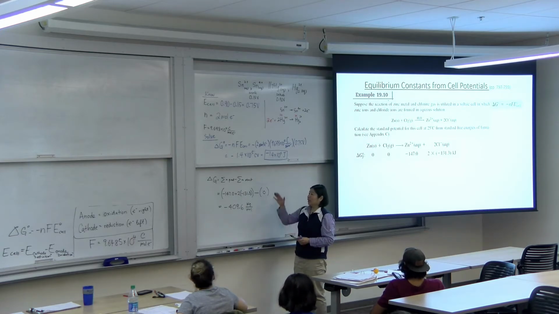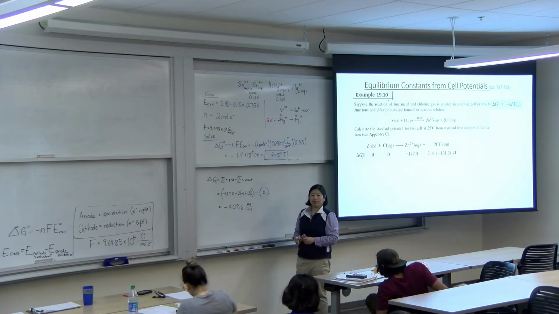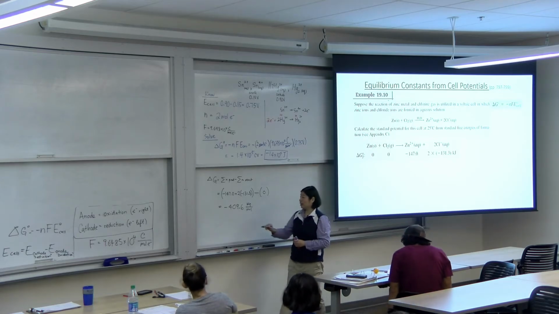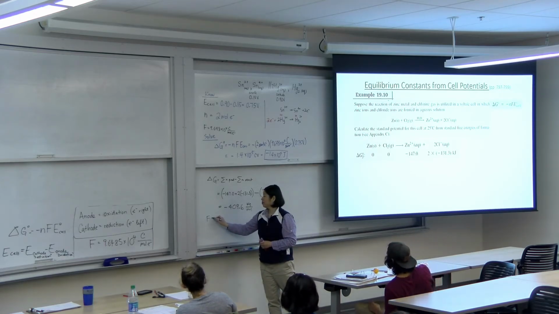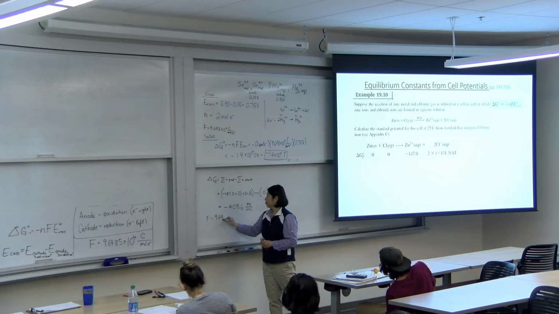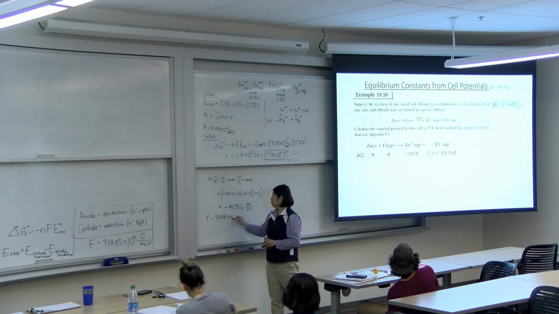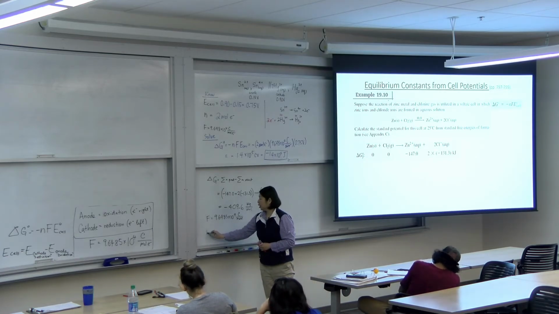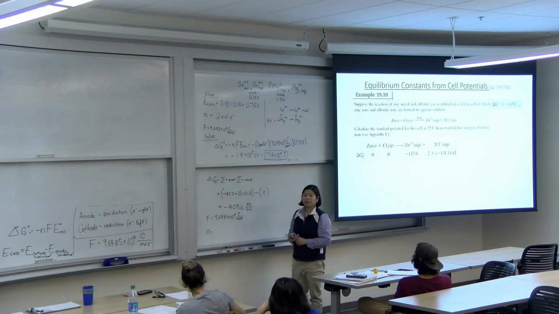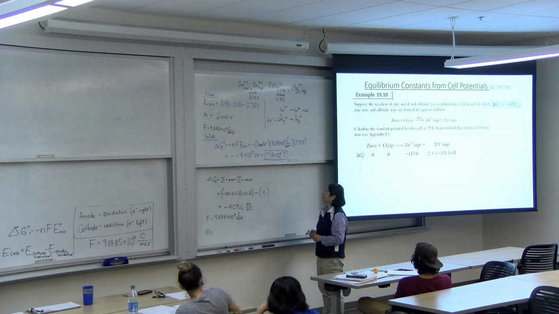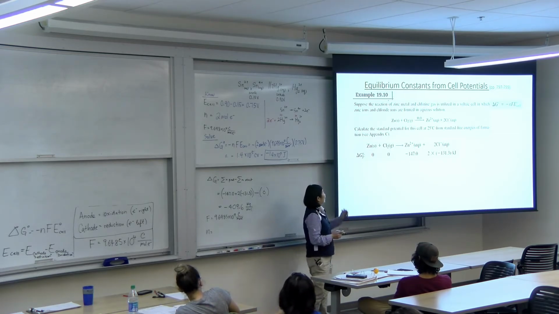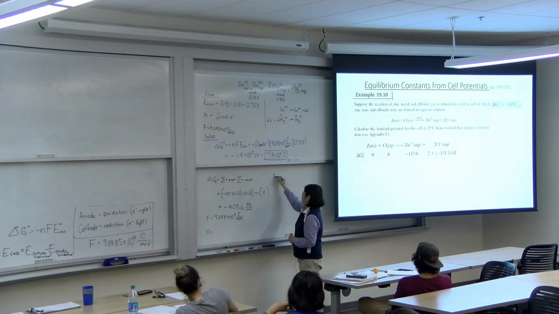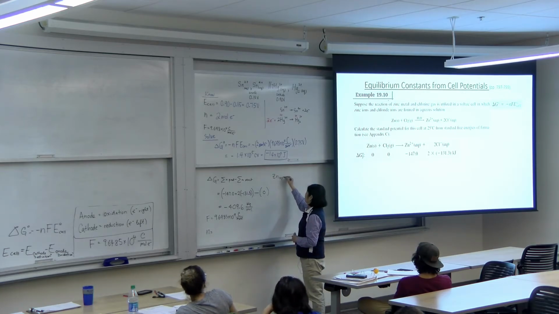So, you have delta G. You have Faraday's constant. Do you have N? Sure. Okay, let's look at it. Zinc, neutral, becoming zinc 2 plus.